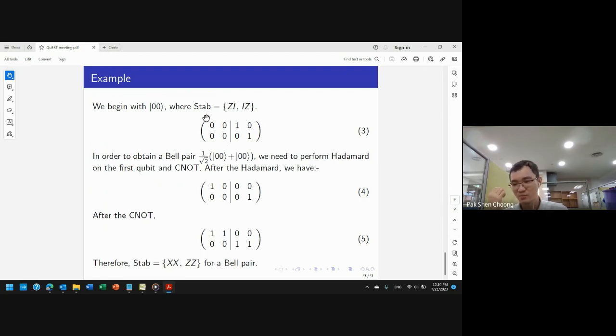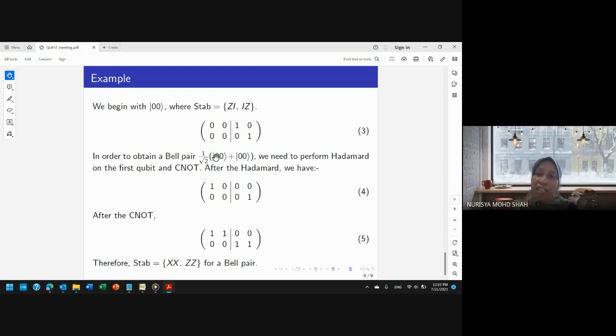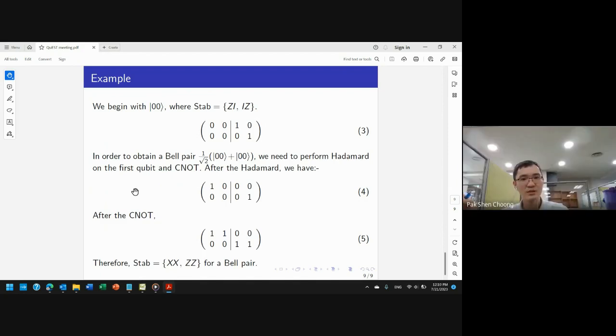But the problem with the example given in the notes is that they don't trace the plus and minus sign. So I'm still studying how to trace the plus and minus sign. Is this plus minus sign according to the parity thing? What parity? I don't know.